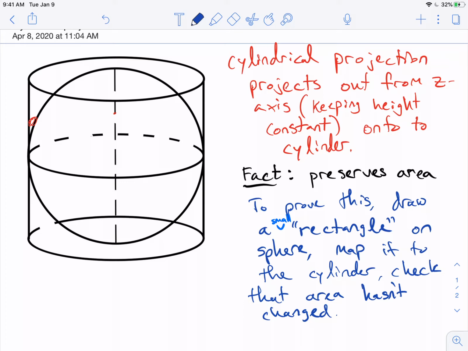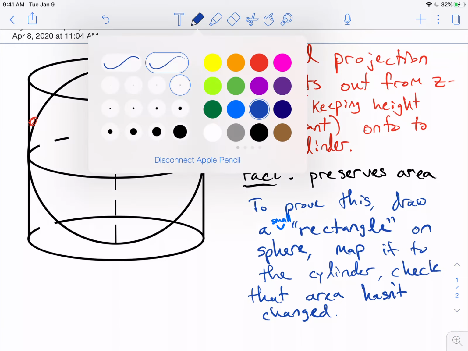And then using some calculus tricks, one can argue that if it's approximately true and it's getting closer and closer to being actually true for smaller and smaller rectangles, then infinitesimally it must be true. And so, doing some surface integrals in this case, you can argue that area actually is preserved via this map. But we're just going to prove the approximation this time.